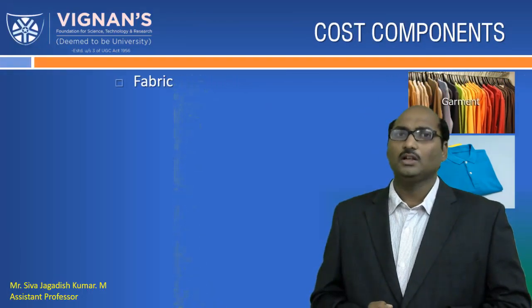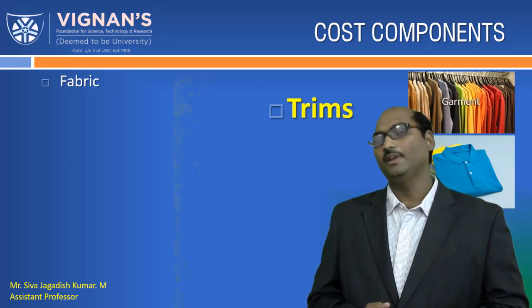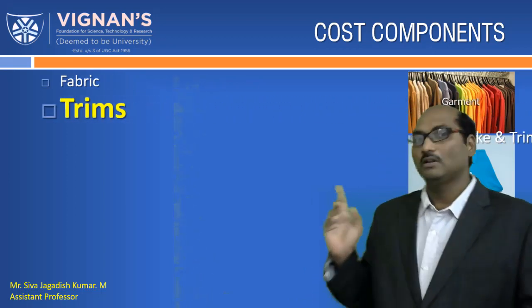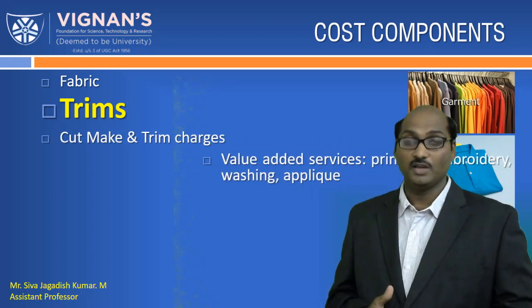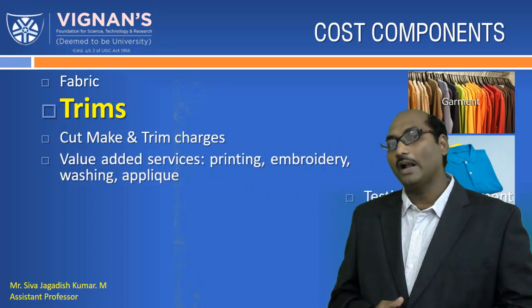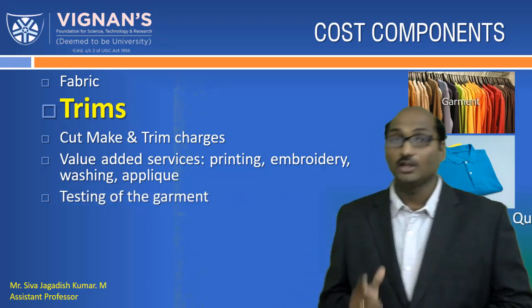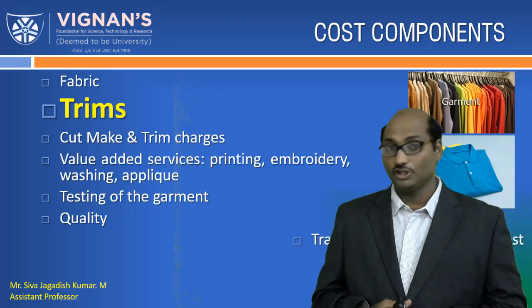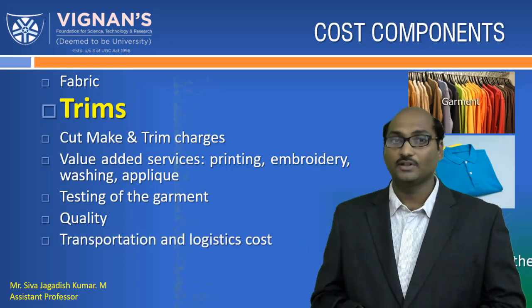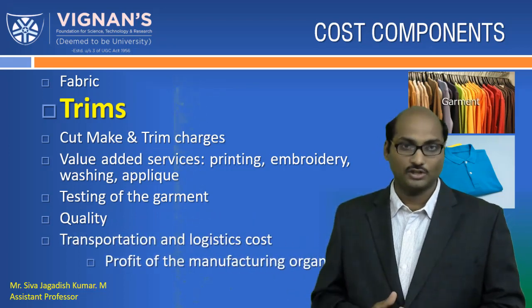If you see the cost components of any garment, it consists of fabrics, trims, then cut, make, trim, CMT charges, then the value added services like printing, embroidery, washing, appliques, then the testing charges, quality charges, the transportation and logistics charges.